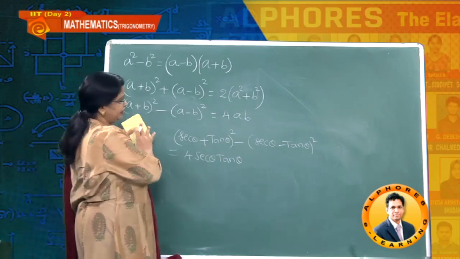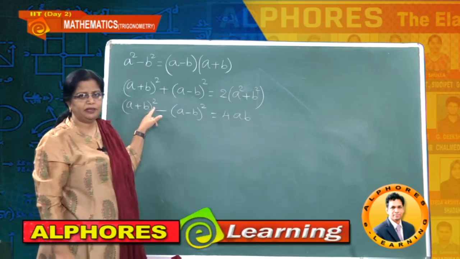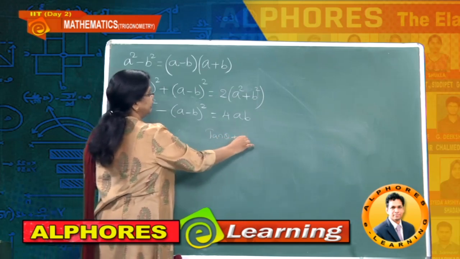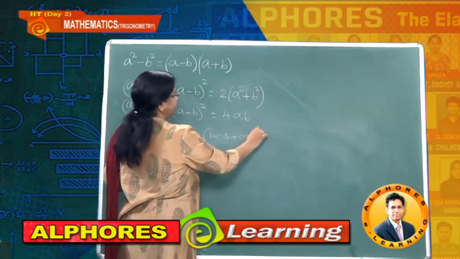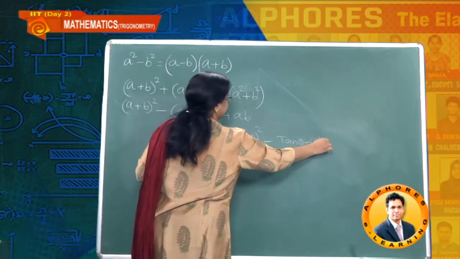And the next one, suppose a plus b is tan and cot: (tan theta plus cot theta) whole square minus (tan theta minus cot theta) whole square.